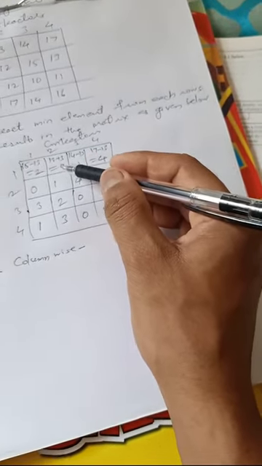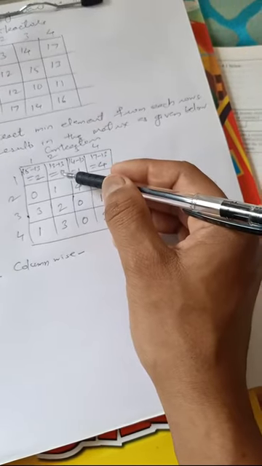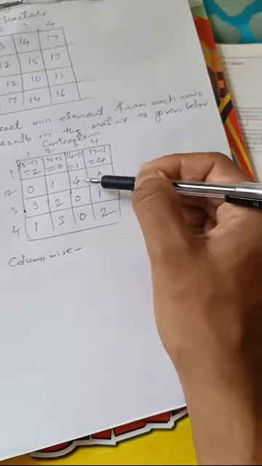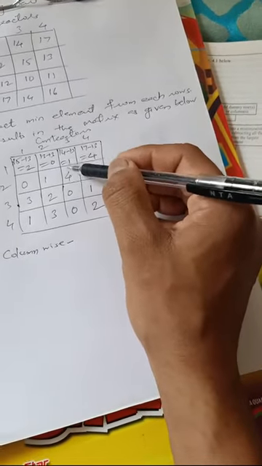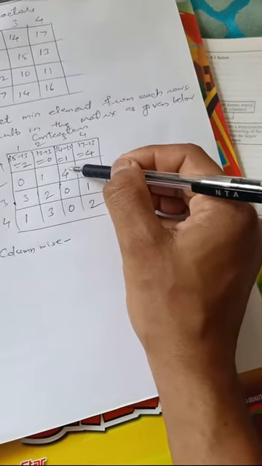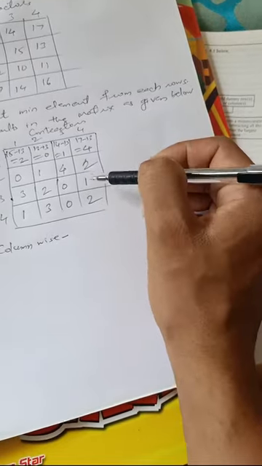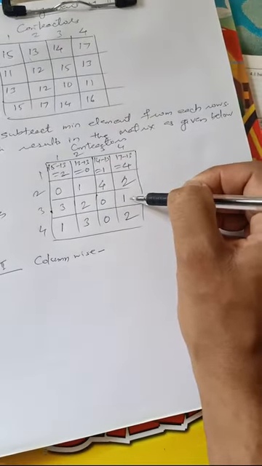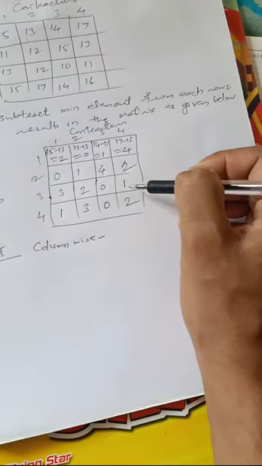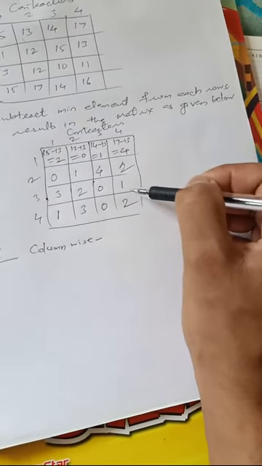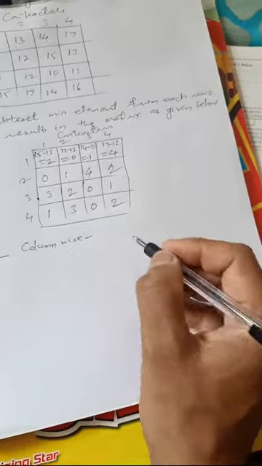Similarly in the second column, the minimum element is 0. Even in the third, the minimum element is 0, so there will not be any change in columns 1, 2, 3. But if you see in column number 4, the minimum element is 1, and subtract that minimum element from each element of this column number 4, which will result in the matrix.